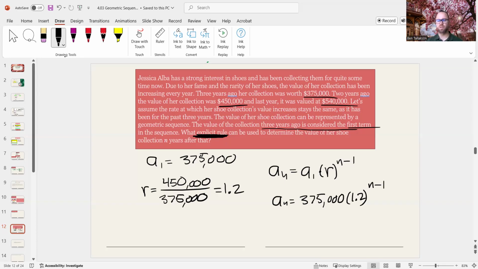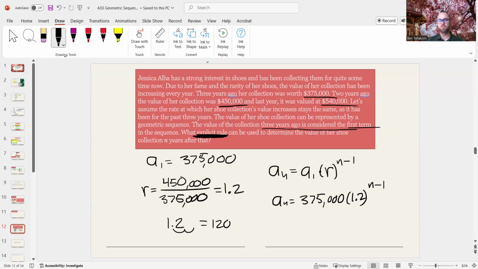And that makes sense, right? You could think about this logically. 375 to 450 to 540. It's going up by a decent amount, but it's not an insane amount that it's increasing, right? It's not doubling or tripling or five times anything like that, even though this is a lot of money, but it's not raising that quickly. So 1.2, remember, as a percent, you would move the decimal over two places.